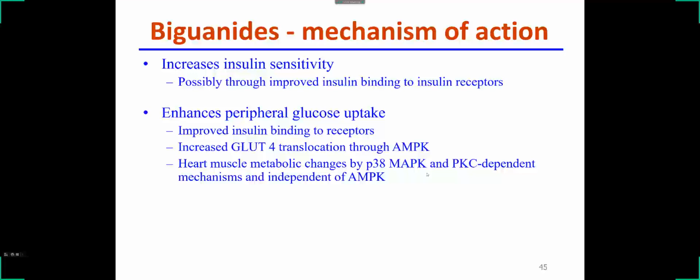What we see peripherally is enhanced peripheral glucose uptake. We see improved insulin binding to the receptors. We see increased GLUT4 translocation through that AMP kinase. And we see heart muscle metabolic changes via p38 MAP kinases and PKC dependent mechanisms that are also independent of AMP kinase.